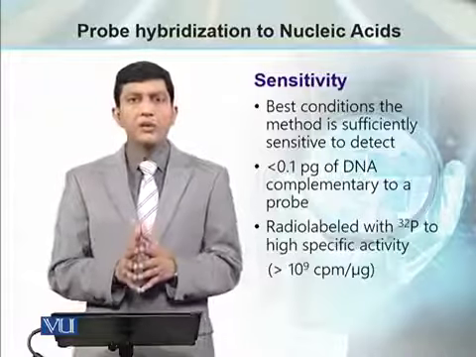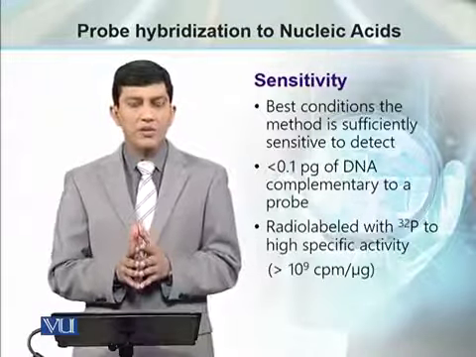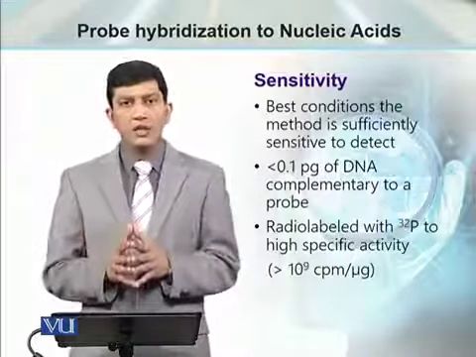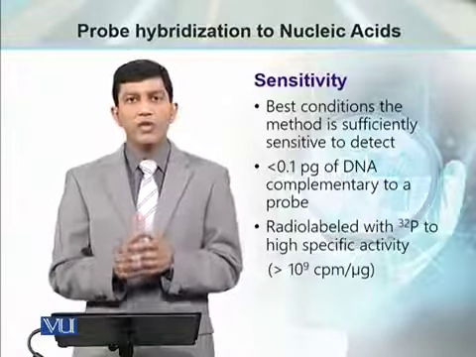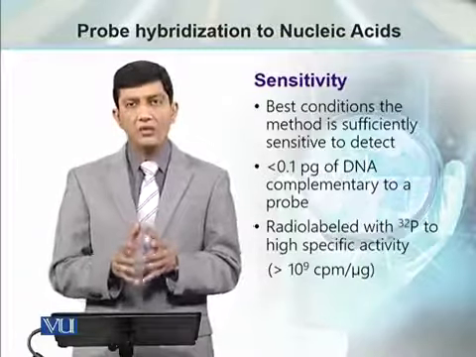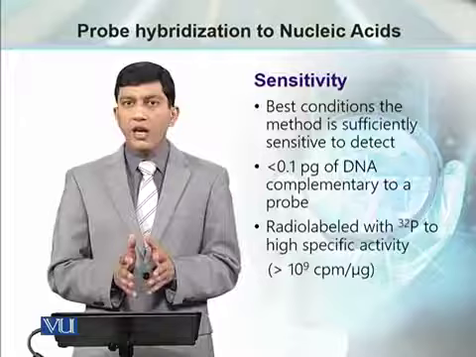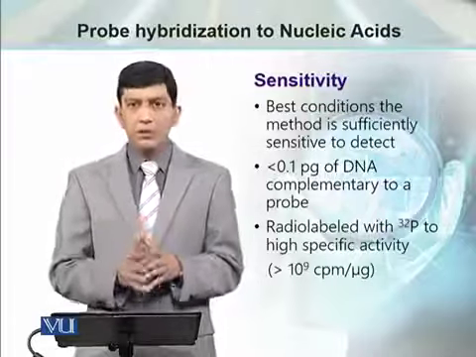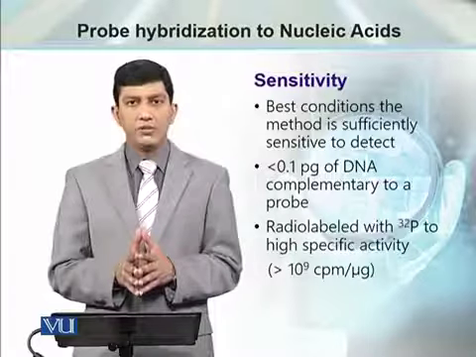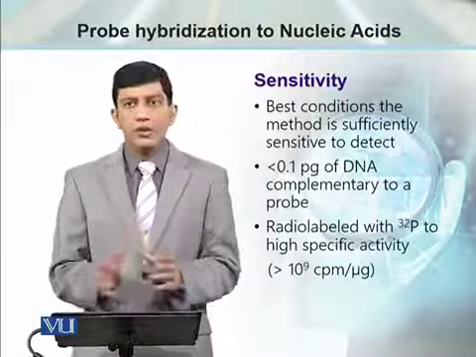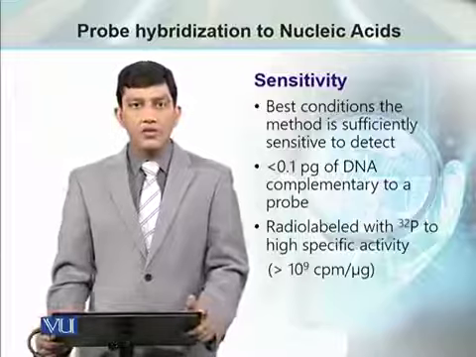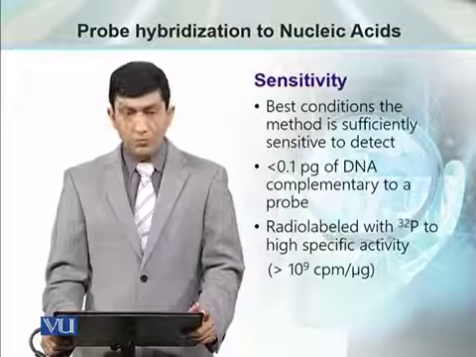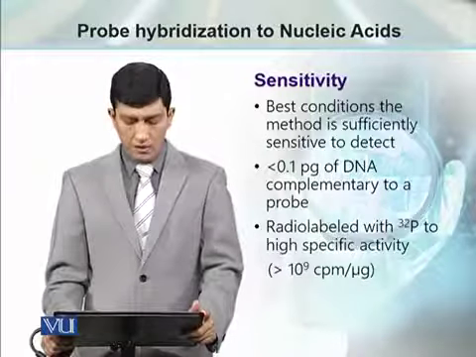Next, we have to think about how sensitive this probing method is. कि हम एक रेडियोलेबल प्रोब यूज कर रहे हैं, ये कितना मिनिमम पॉसिबल डीएनए डिटेक्ट कर सकता है. How sensitive is that? If we have the best conditions optimized, that means temperature, hybridization buffer, the length of the probe, then it can detect less than 0.1 picogram of DNA which is immobilized on the membrane.